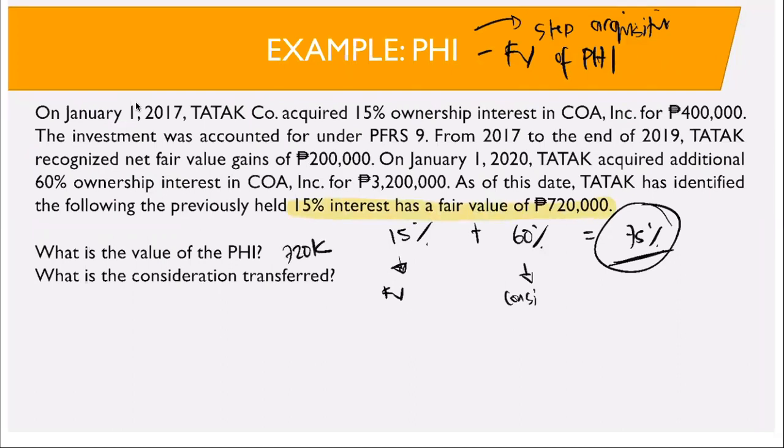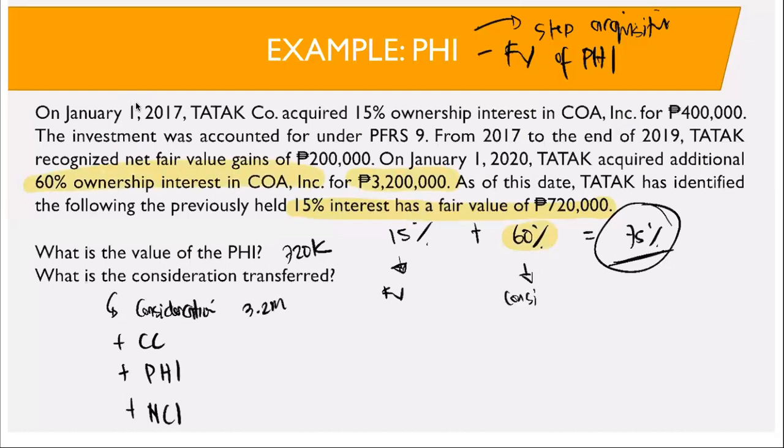So what is the consideration transferred? So if you look into your consideration again, it is your consideration plus contingent consideration plus previously held interest plus non-controlling interest. So we already know our consideration. We have here 60%. The 60% was purchased for 3.2 million.